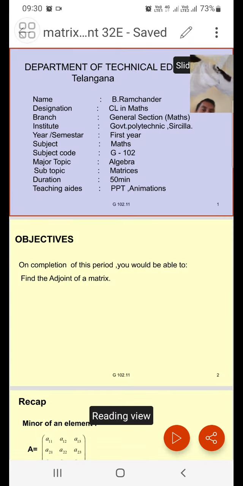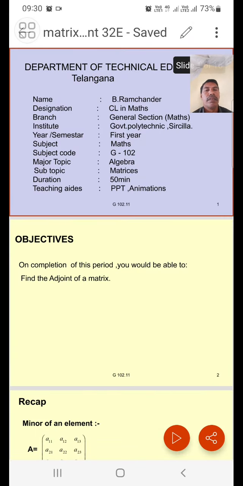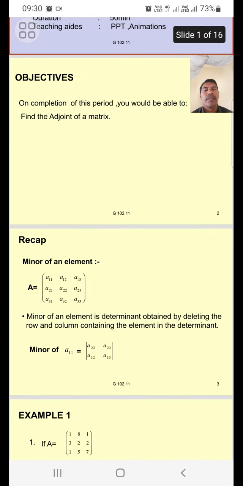In the matrix we have easy problems, easy processes, easy methods. All are simply based on simple operations, that is plus, minus, multiplication or division. And here we discussed what is the adjoint of a matrix.